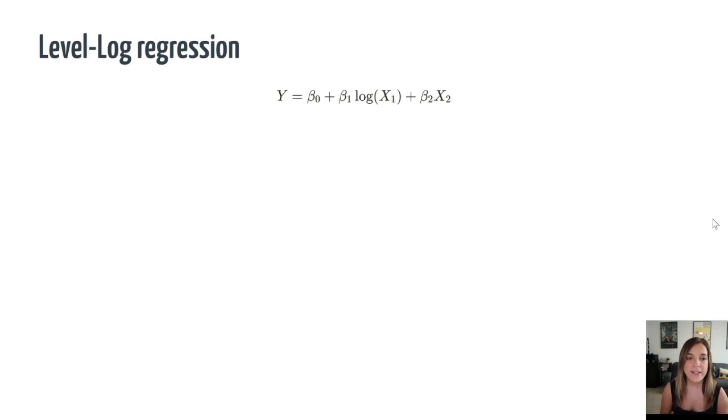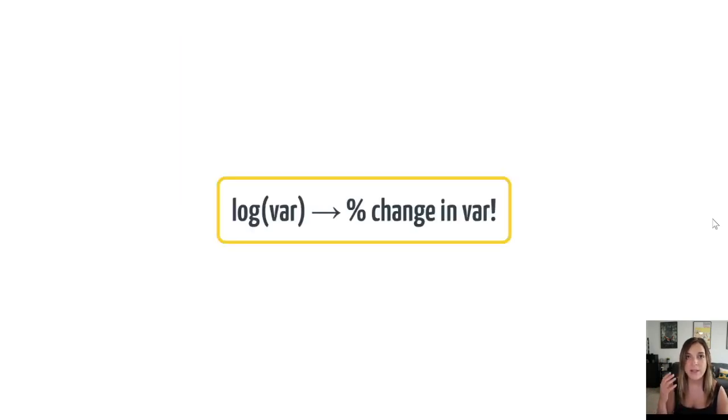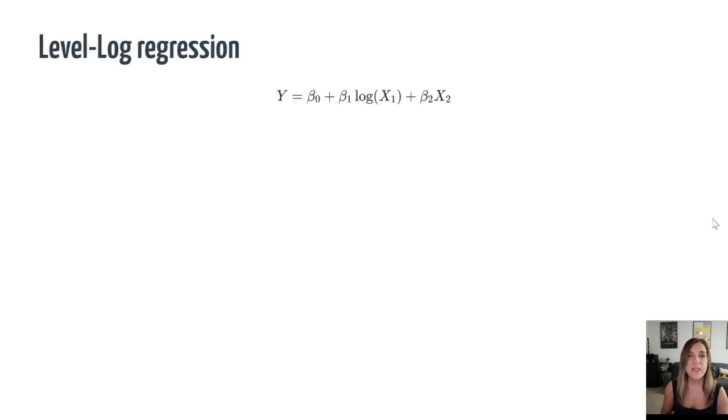Let's look at another example, but now our x is in a logarithm and y is not, okay? So that's why this is called a level log regression. We do exactly the same thing, but remember, because x is in a logarithm, that is going to change in terms of percentages, okay? So let's see how we interpret this.